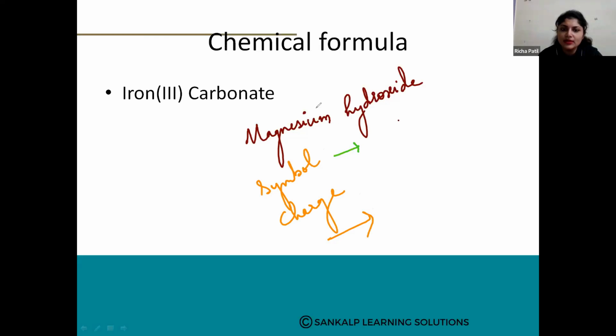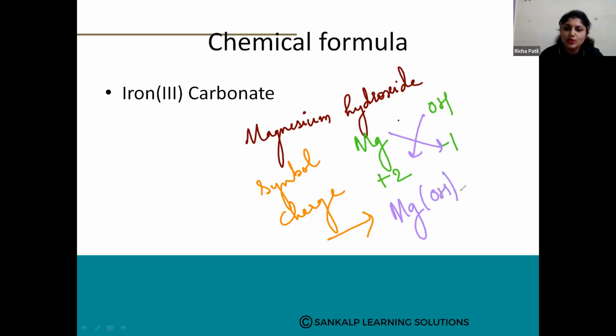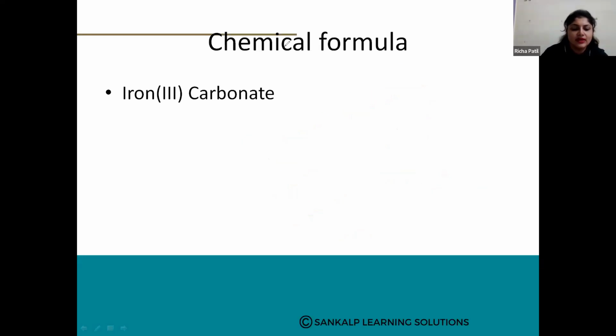Yes. Magnesium is Mg, hydroxide is OH. The charge for Mg is +2, hydroxide is -1. So you have to crisscross. You get Mg(OH) twice. This is the chemical formula for magnesium hydroxide.